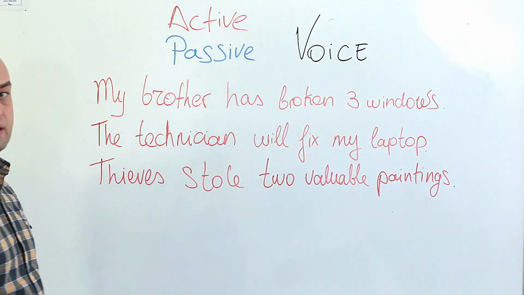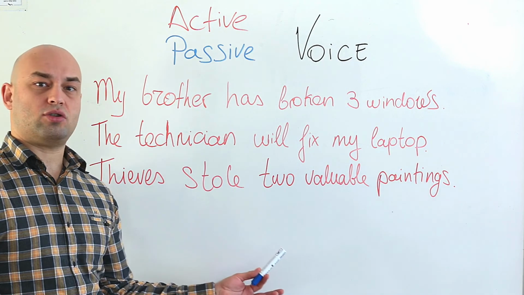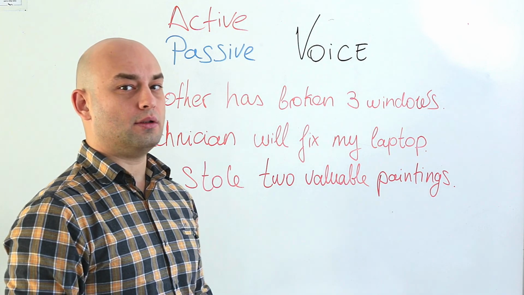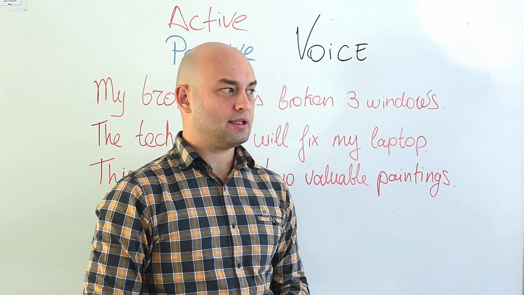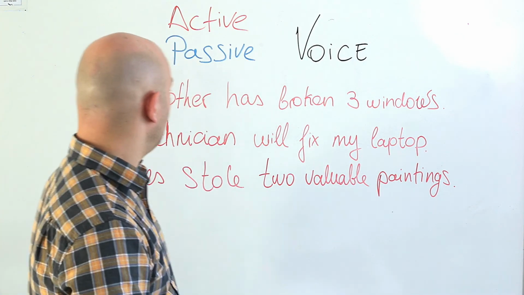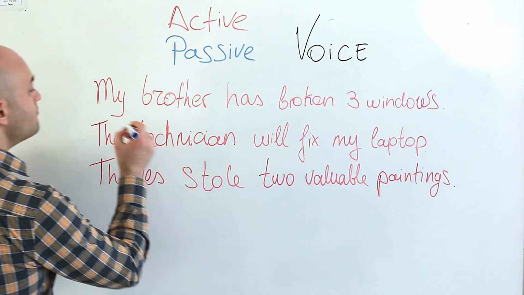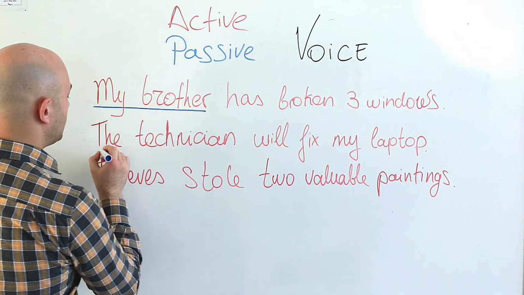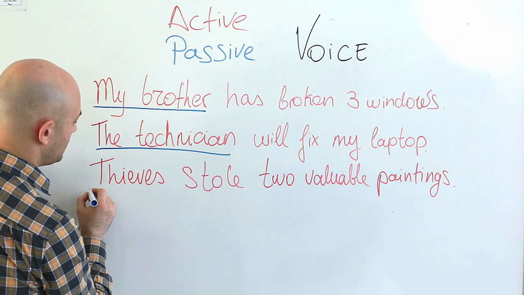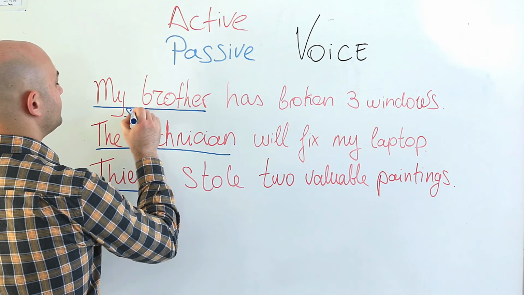There's nothing they have in common except one thing. Well, maybe a couple of things, but the main thing is that they are all active, and I'm underlining the subjects right now.